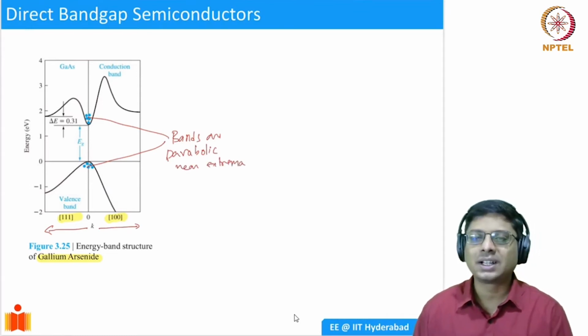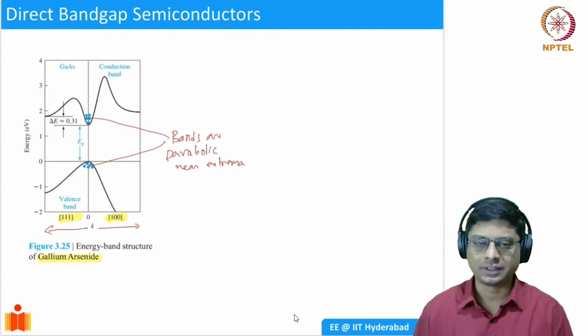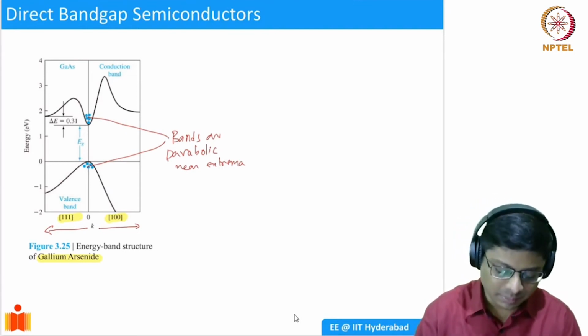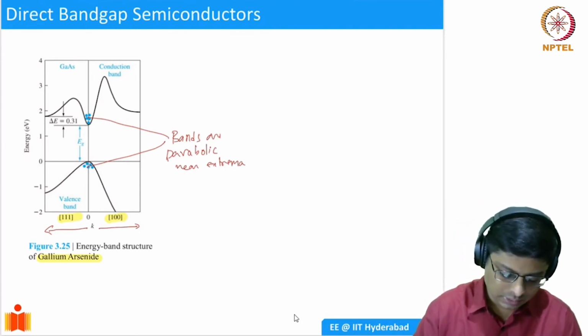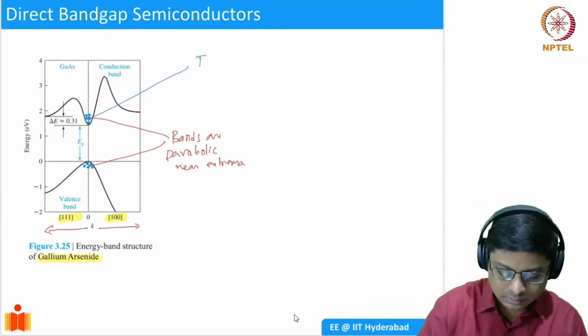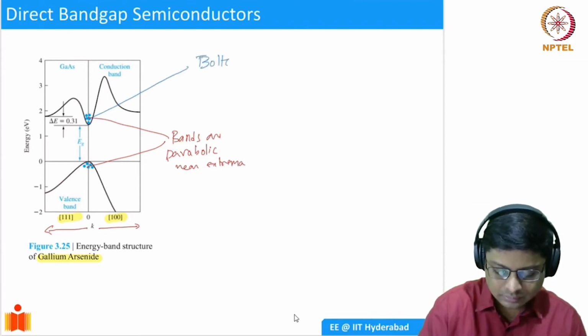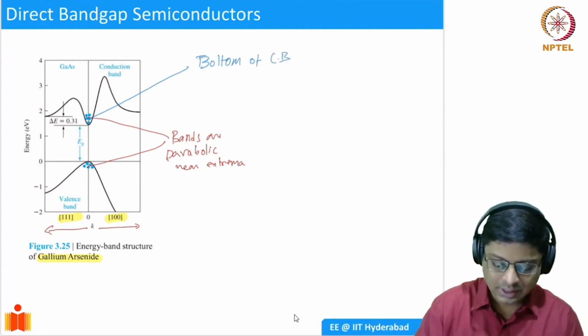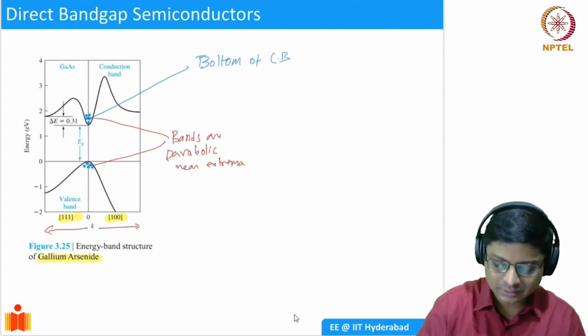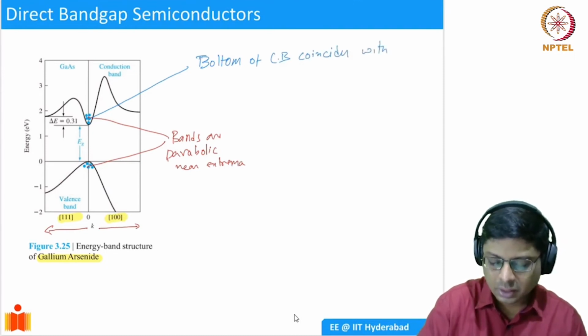Why do we call gallium arsenide a direct bandgap semiconductor? We call it a direct bandgap semiconductor because the bottom of the conduction band coincides with the top of the valence band.